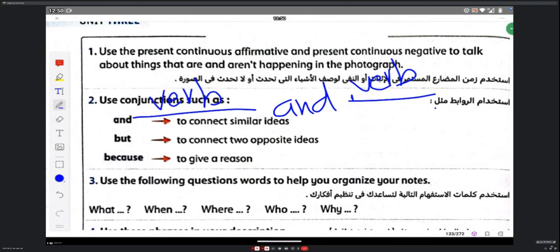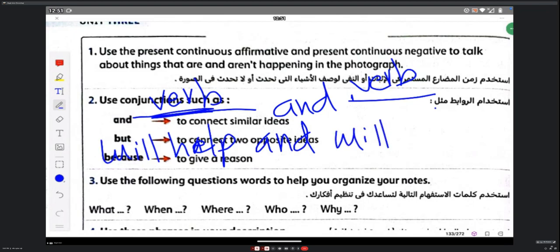Maybe the verb here is an infinitive, for example, will help and... so we cannot say will here. To make it short, we say the other verb here in the infinitive. The same with but. Will help and keep.